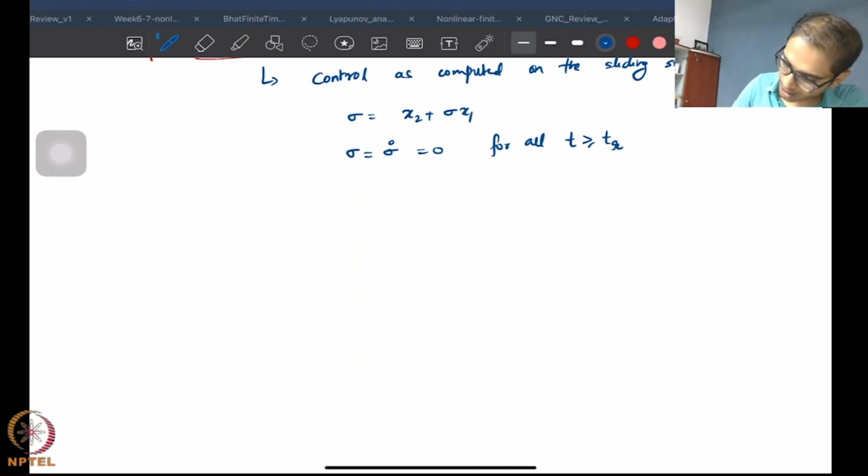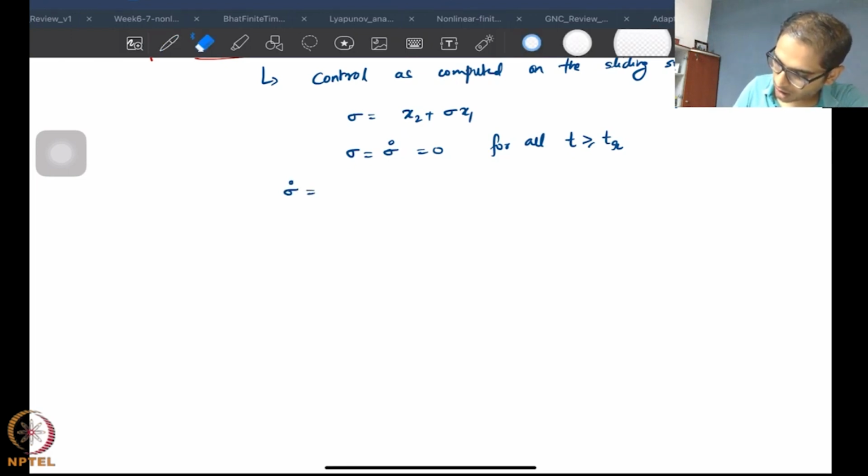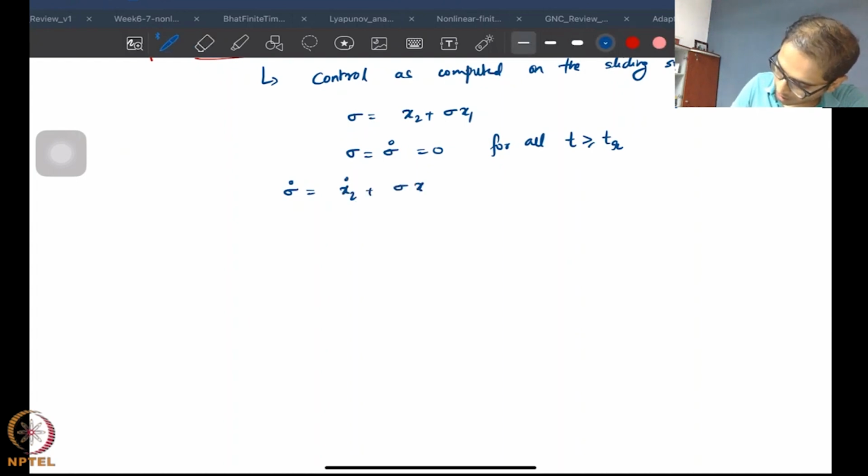So if you compute sigma dot, that is x2 dot plus sigma x1 dot, and x2 dot was just u plus f(x1, x2, t) plus sigma x2.